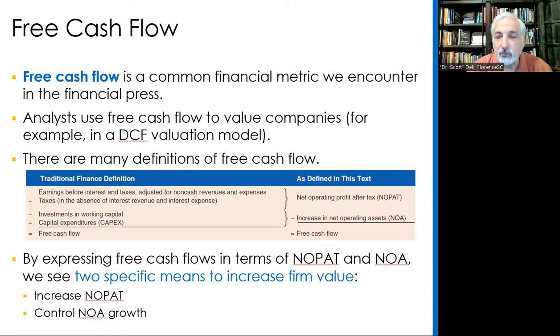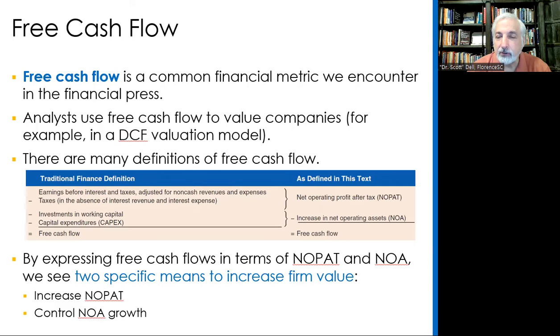And the definition, when we have net operating profit after tax, we know NOPAT, minus increase in net operating assets, NOA. So the net operating profit minus the increase in operating assets, that's what we have as a surplus or free cash flow or excess. It's maybe the best way to think about it.